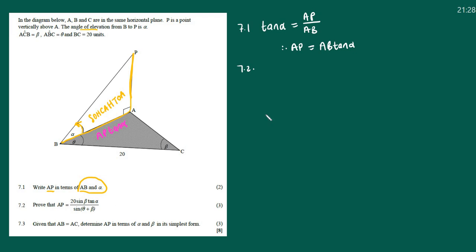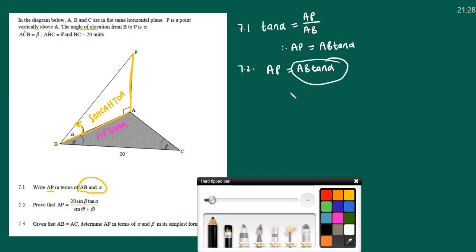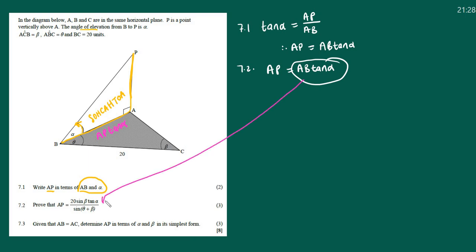Then after that, they ask you to prove that AP is equal to this. Already, as what we have as AP, we have AP as AB tan alpha. You write it and say, since I have this and they want AP to be equal to this, I have to change this so that it goes to that. You understand me? The only way I can do it is if I find the missing side, AB.